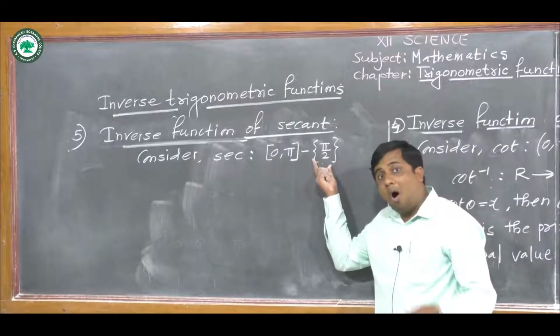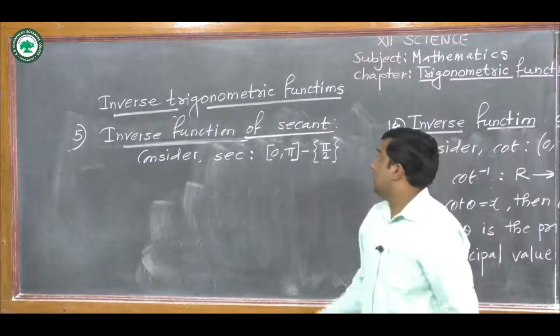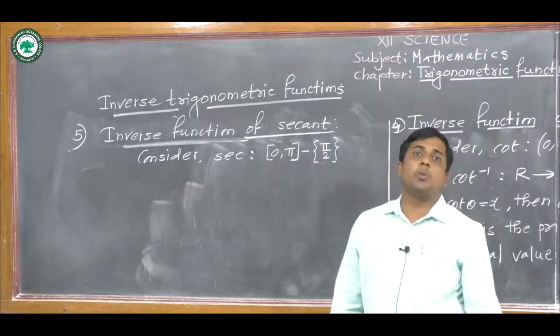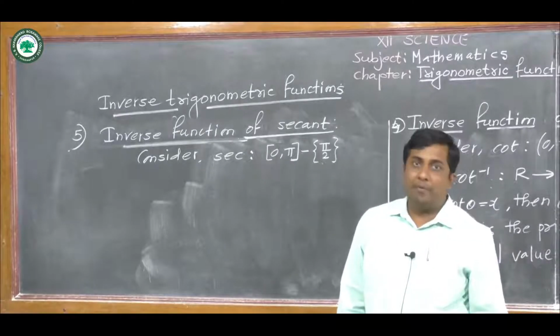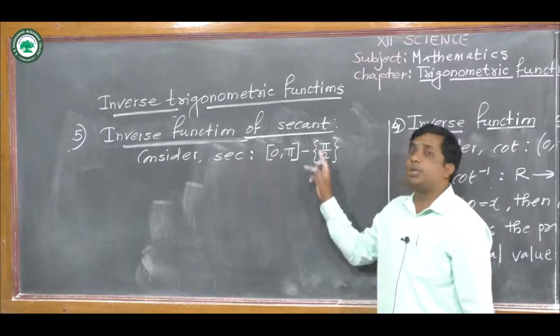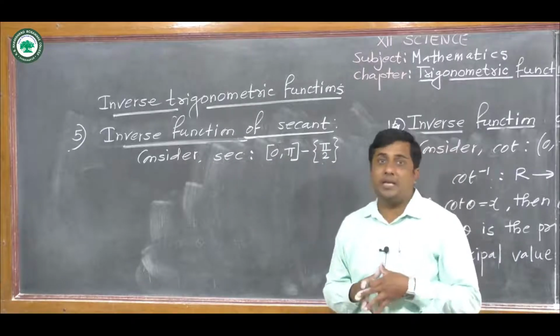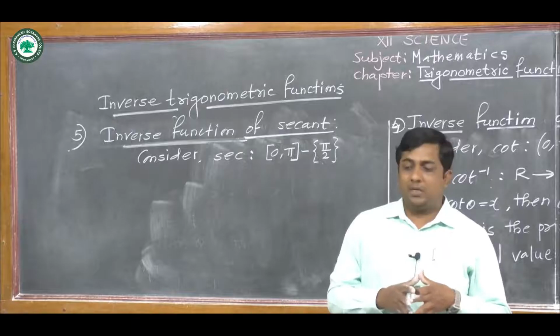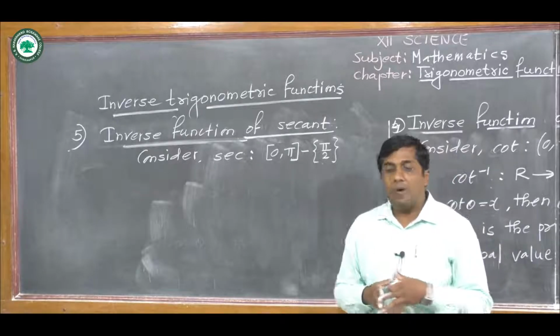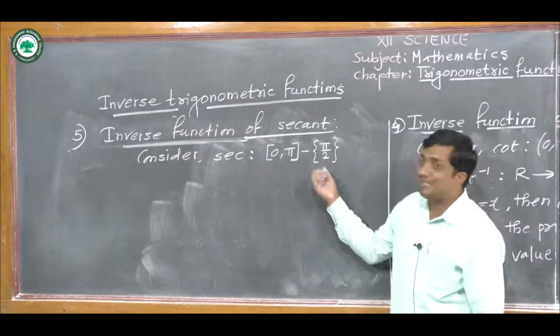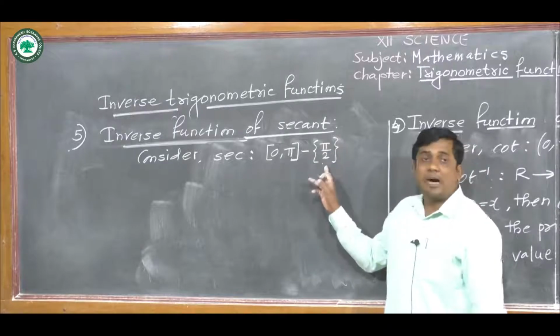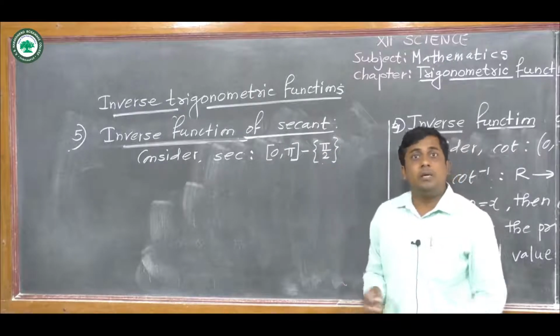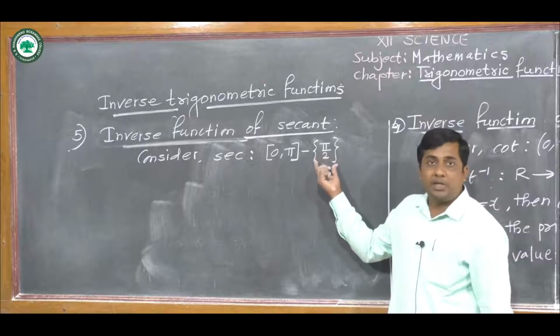We consider all the elements in between this closed interval 0 to pi. Everyone knows sec pi by 2 is not defined. Since sec pi by 2 is not defined, we exclude the value pi by 2.